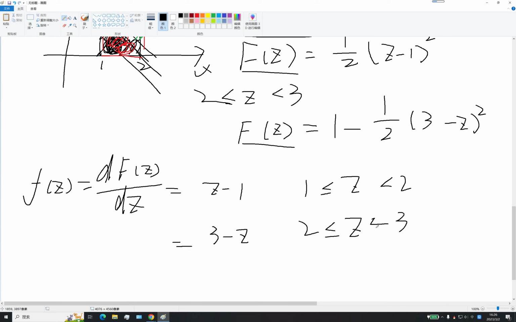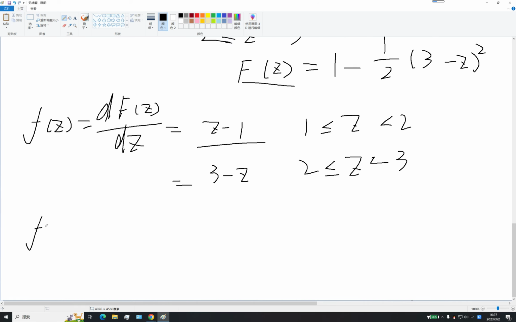From the little f_Z, we combine z minus 1 for Z between 1 and 2 and 3 minus z for Z between 2 and 3 together.